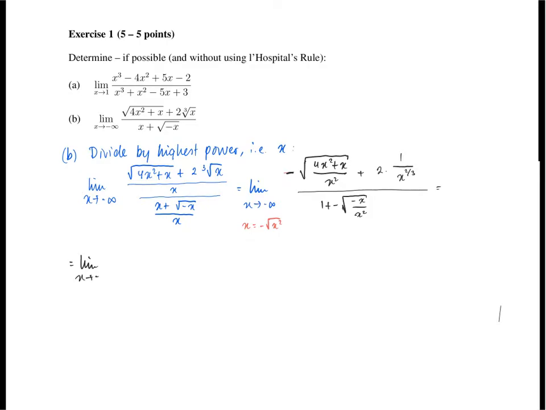Doing this, we obtain the following: the limit of x to minus infinity of minus the square root of 4 plus 1 over x plus 2 divided by x to the power 2/3, and this again divided by 1 minus the square root of minus 1 over x.